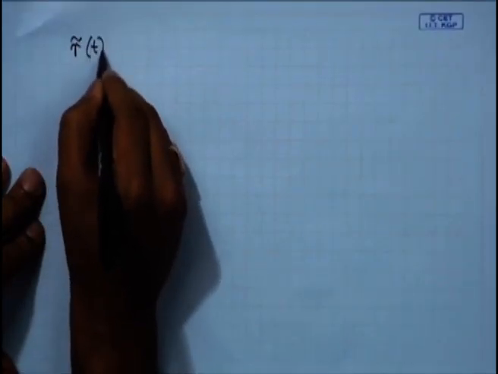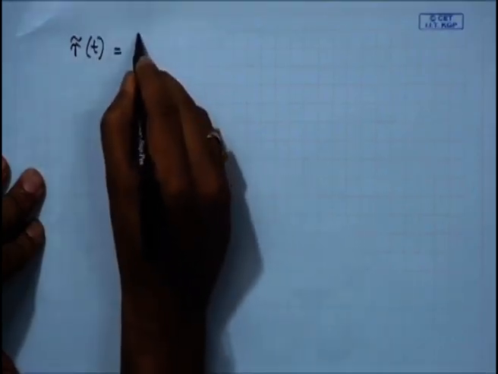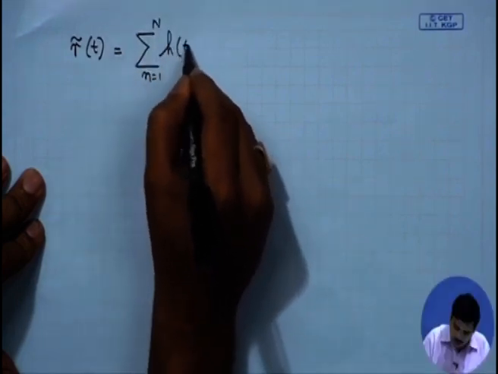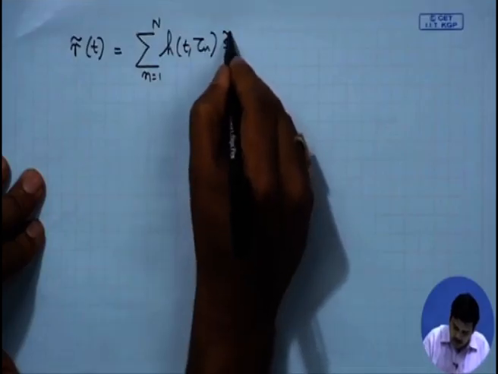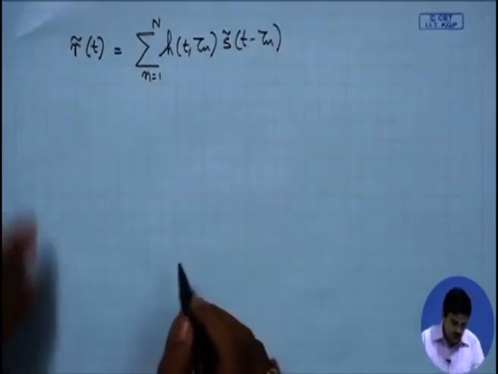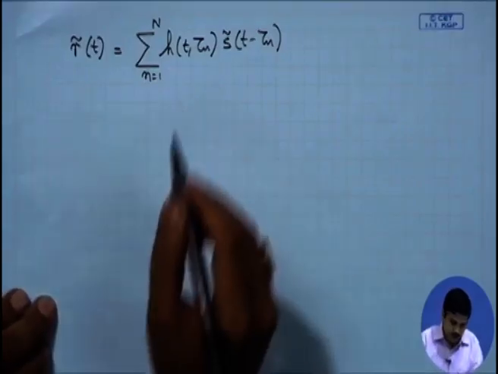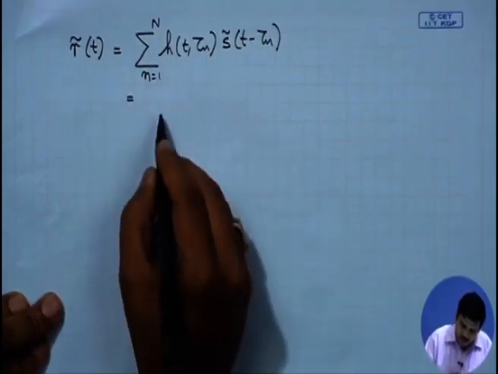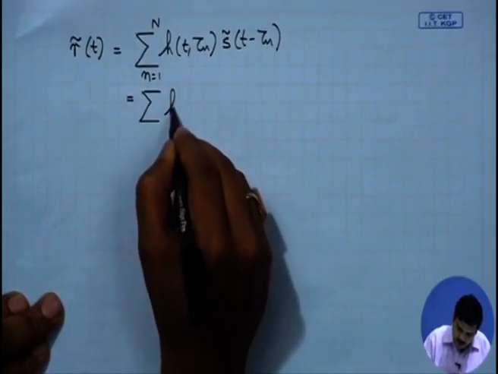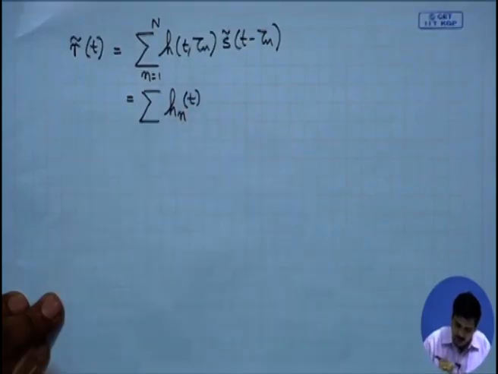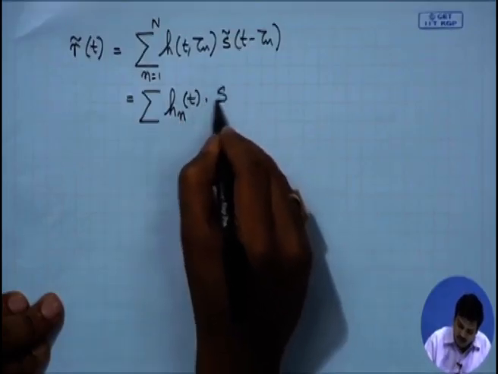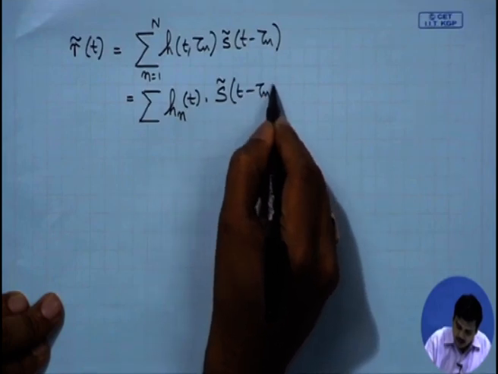So when we write that r tilde of t is equal to the sum over n equals 1 to capital N of h(t, tau n) s tilde(t minus tau n), we could also write this, instead of having tau n there, as h n of t, because this is dependent on the nth path, multiplied by s tilde(t minus tau n).